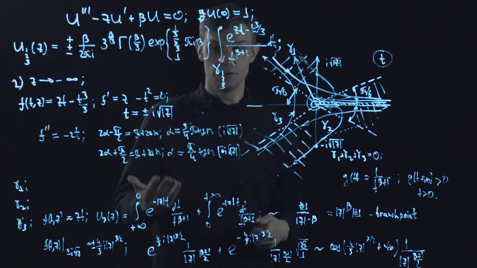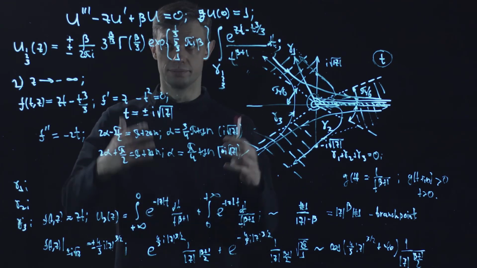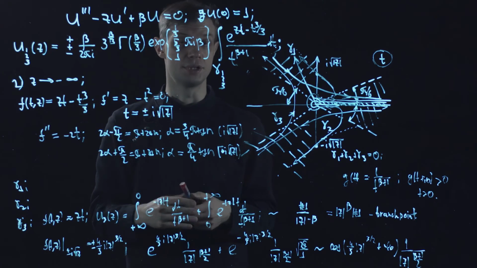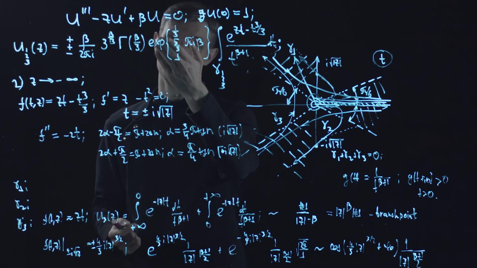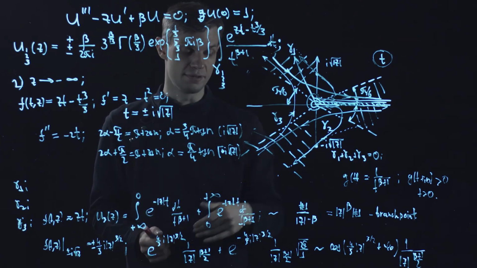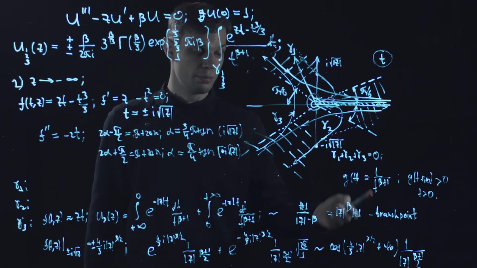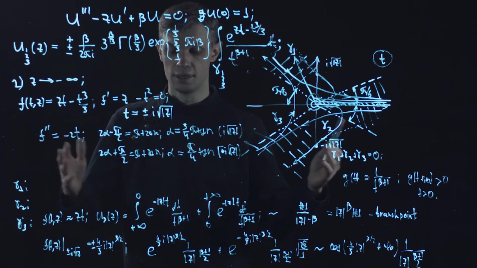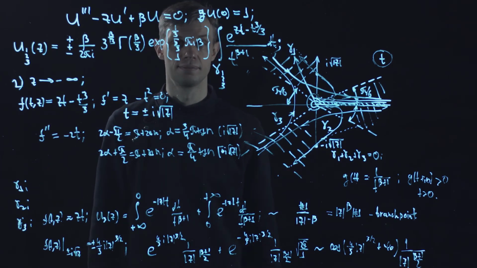So that's kind of non-trivial. So obviously, the whole analytical structure of our differential equation changes when beta changes from positive to negative values. And it will be your home exercise to figure out exact phases and all the prefactors in all these asymptotics. That's it.